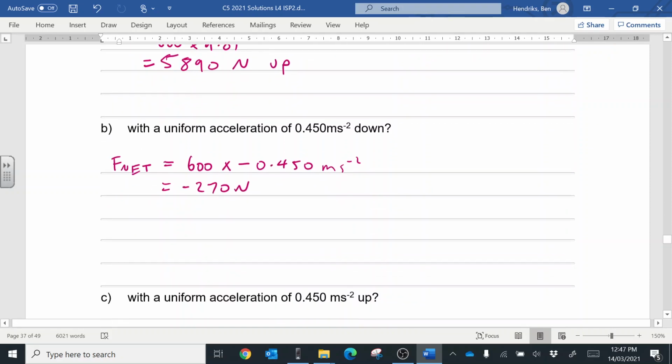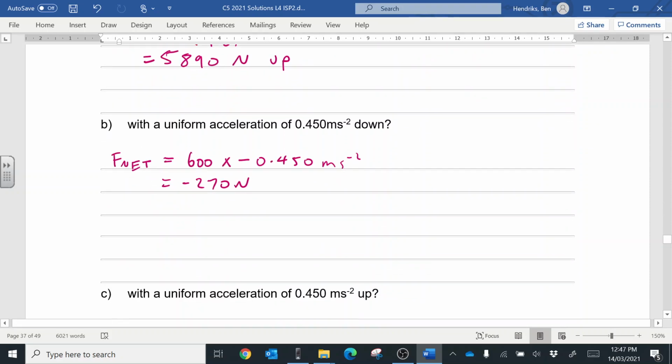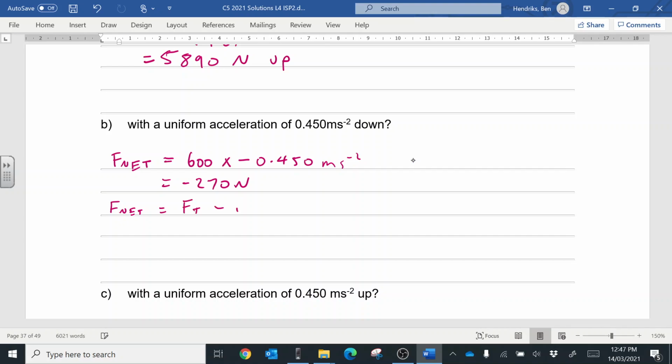And just like before, F net equals Ft minus Fg. Okay then.